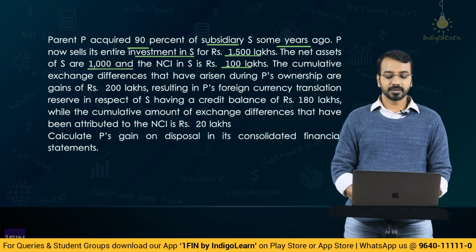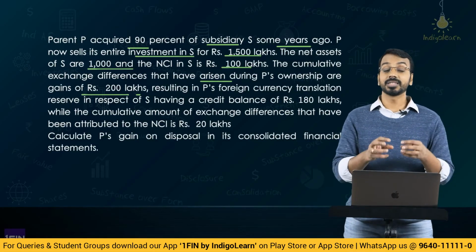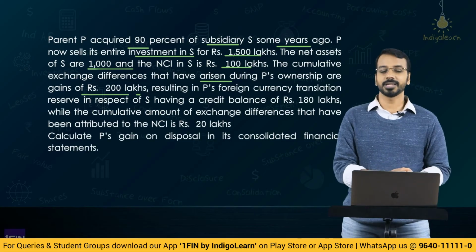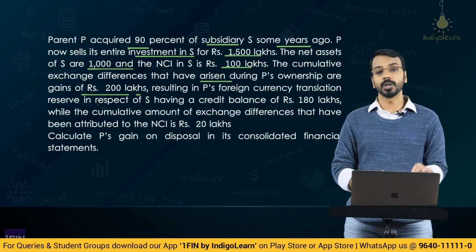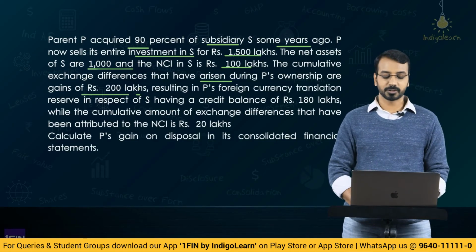The cumulative exchange differences that have arisen during P's ownership are gains of 200 lakhs. So, 200 lakhs is the cumulative gain which has arisen as a result of translation. Again, on this 200, 90%, that is 180, belongs to the holding company and 20, that is 10%, belongs to the non-controlling interest.